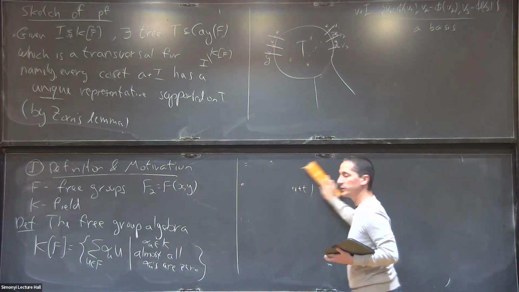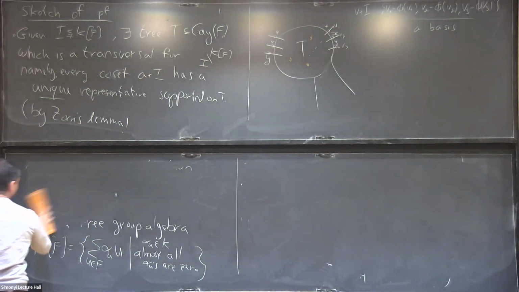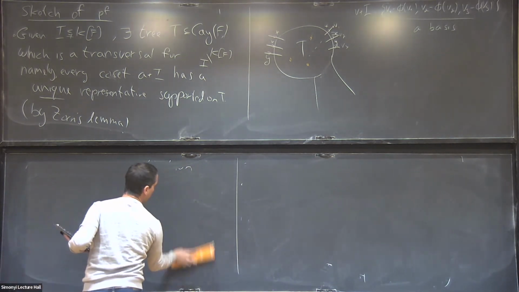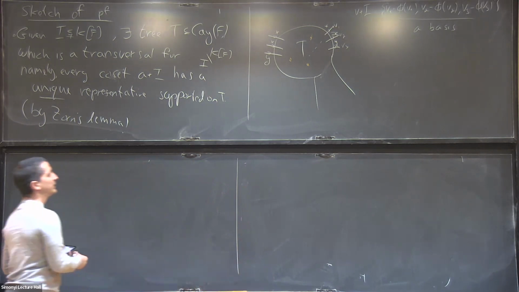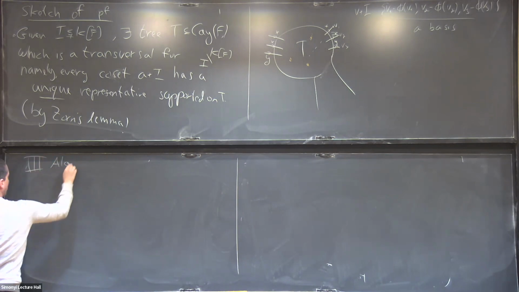Okay, so now we know that the free algebra is very similar in many senses to the free group. It has this nice property that all the substructures are free as well, in some sense. And then you can start asking, what about algorithms?